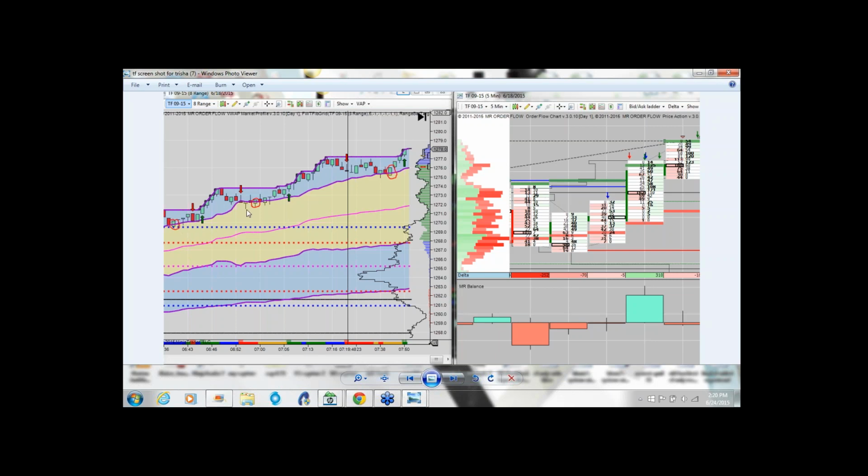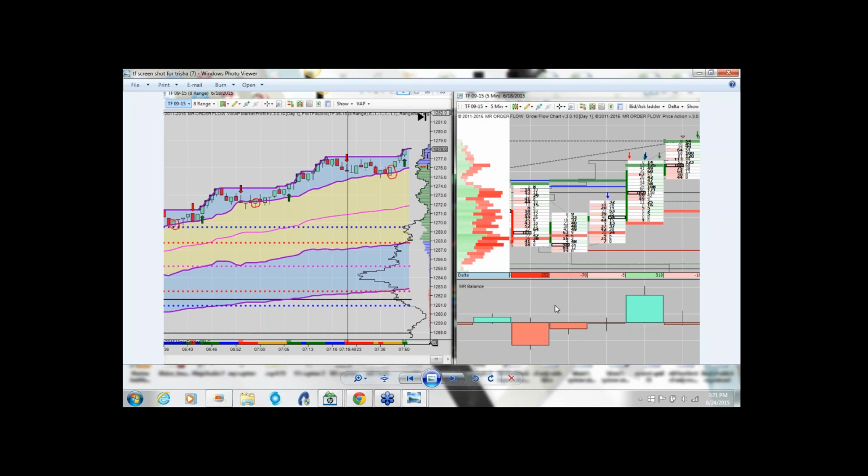You can see three examples that I circled where price came to that first value area high and then bounced off. As price comes down and pulls back, and I'm waiting for the entry, the question is always, is it going to bounce and go the way that I want, or is it going to break through and fall back down and head towards the POC?